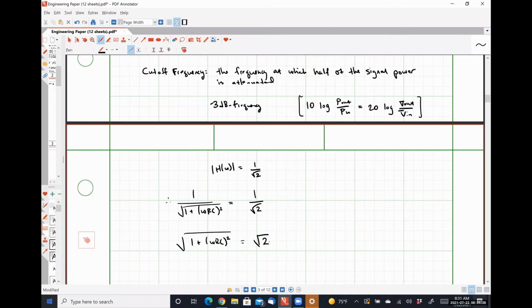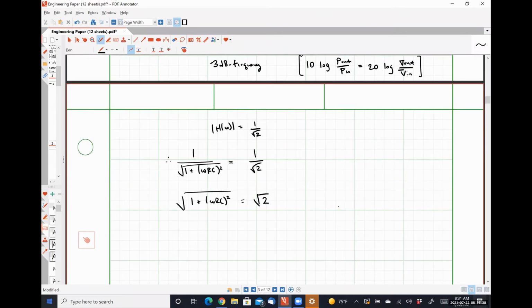So if we squared both sides, we'd have 1 plus (omega RC) squared is equal to 2, or (omega RC) squared is equal to 1.